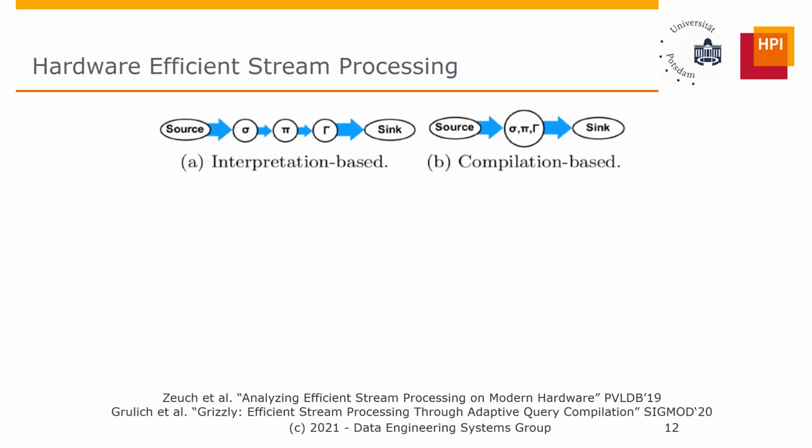So for each operator, as I showed you earlier, you have a single instance in your system, and the data will be given from one operator to the next. Even if you have it on a single node, there will be a lot of function call overhead on this node.